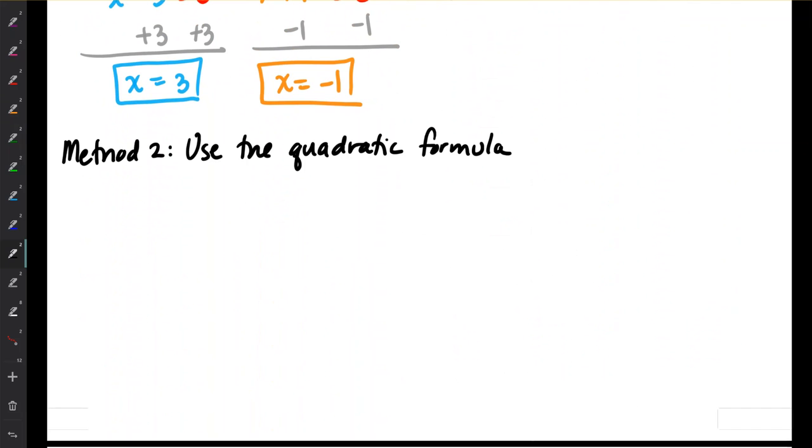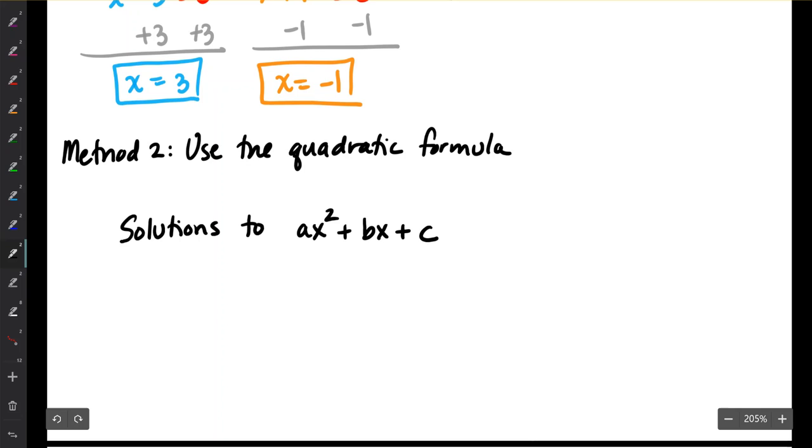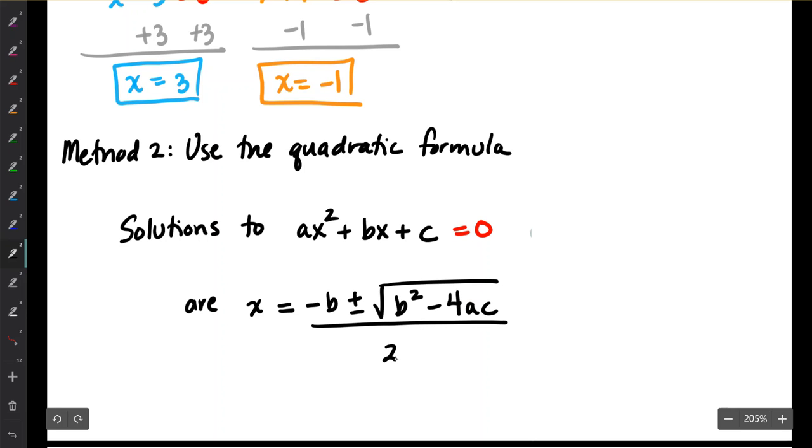All right, and the quadratic formula, it says that solutions to some amount of x squared plus some amount of x plus some number equals 0 take this form. x is equal to -1 times b plus or minus the square root of b squared minus 4ac all over 2a.